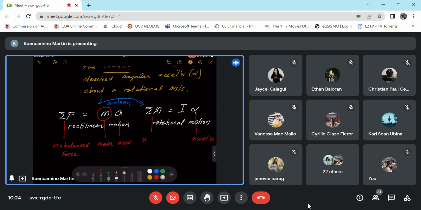Ito yung kanyang unbalanced torque. At ito naman, yun yung tinatawag natin na rotational mass or simply mass moment of inertia.